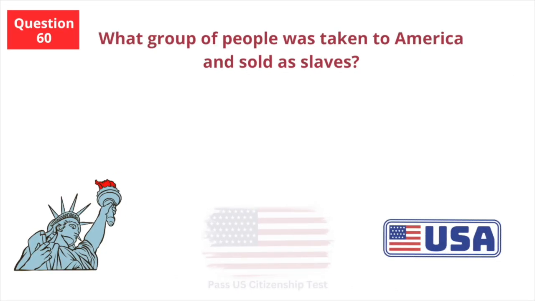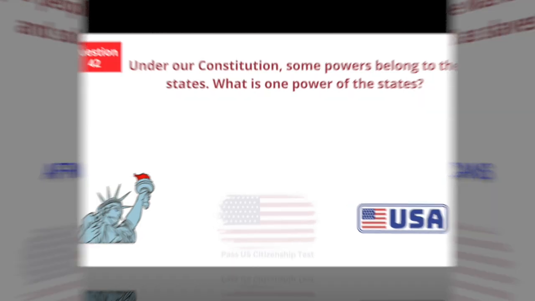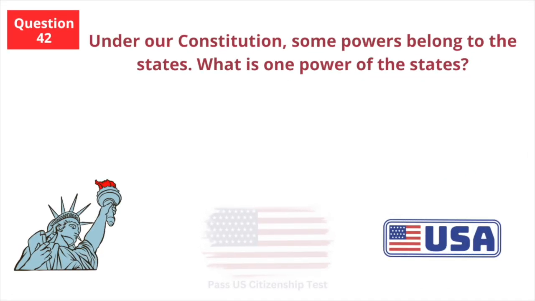What group of people was taken to America and sold as slaves? Africans. Under our Constitution, some powers belong to the states. What is one power of the states?